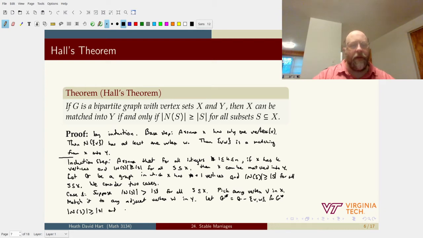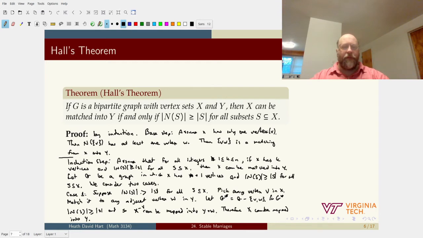And so in G star, X can be mapped into Y. Let's be specific about this. X minus V can be mapped into Y minus W, and therefore X can be mapped into Y, because we've already matched V and W to each other.